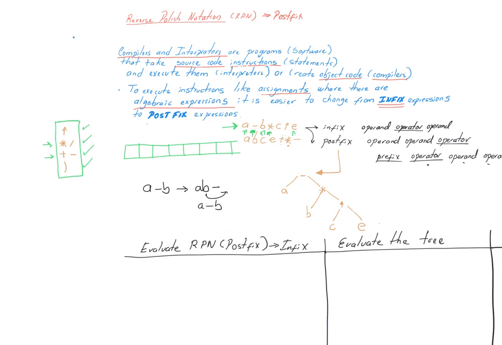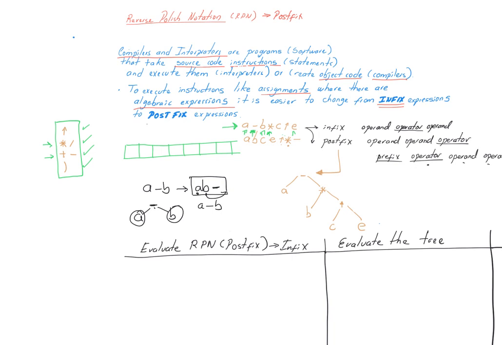And if we have a tree that is representing the same thing, then this is what we have, a minus b. So when we want to take something like a b minus and make a tree out of that, what we should do is use the operation and then have the second one as the right leaf and the first one as the left leaf of this tree.